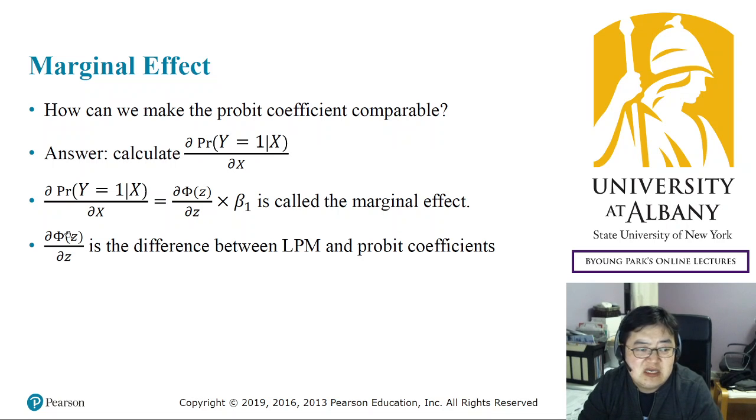As you can see, this nonlinear component is the difference between the linear probability model coefficient and the probit coefficient. So the marginal effect and the coefficient differ by this much, which you have to consider in comparing the results. Okay, this is all I prepared for today.